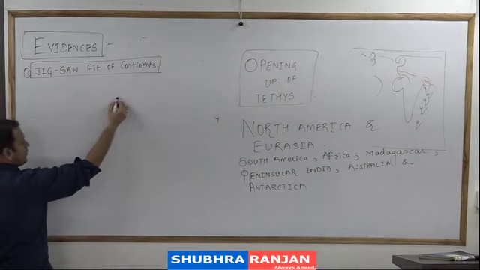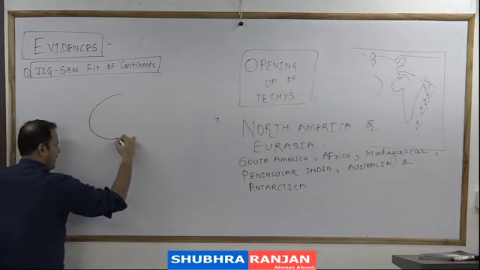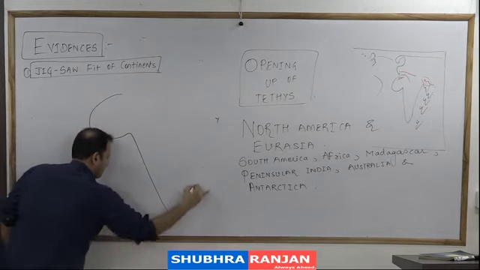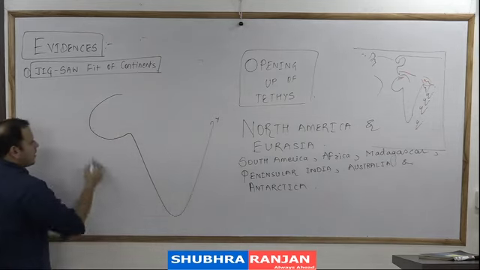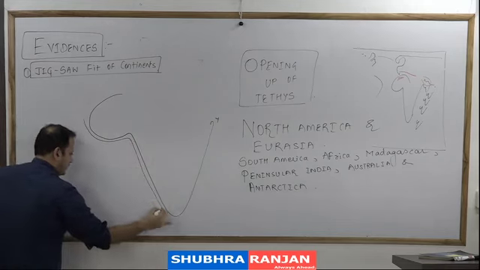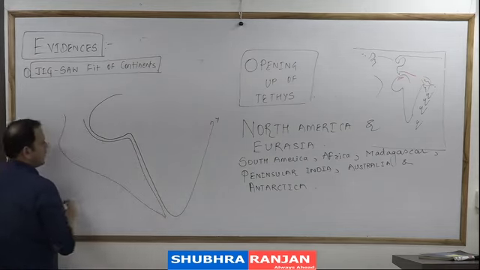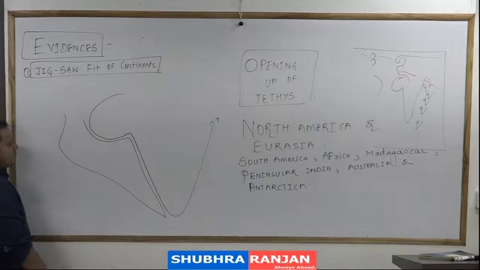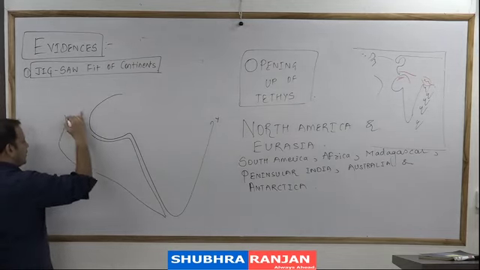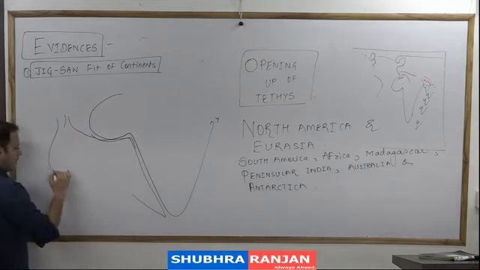And you should, if you can, make this diagram. We make Africa, and then we make South America. This is what we call a jigsaw fit of the continents. That is, the continents of South America and Africa exactly fit into each other.